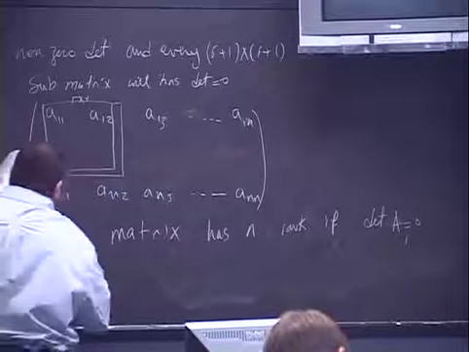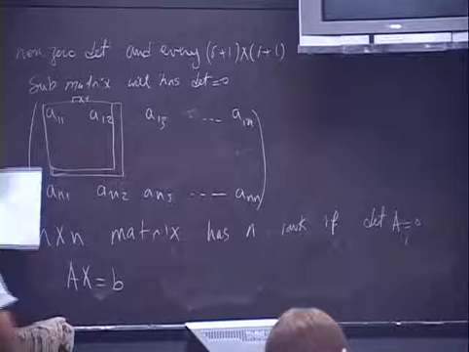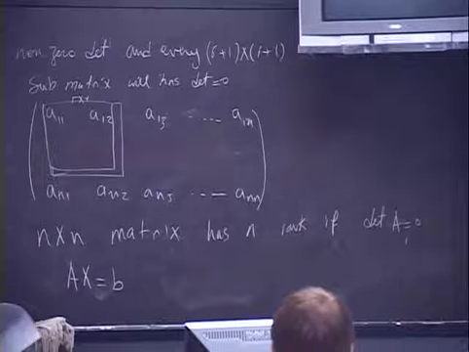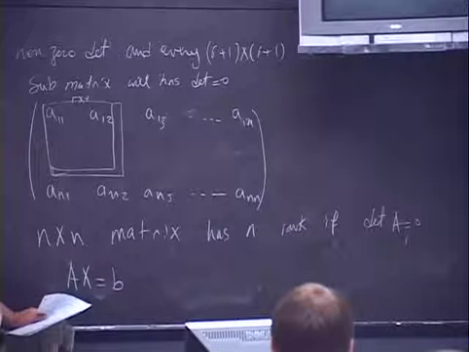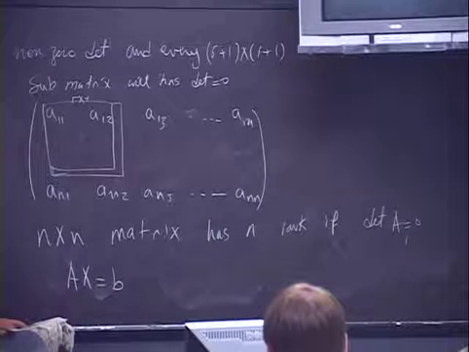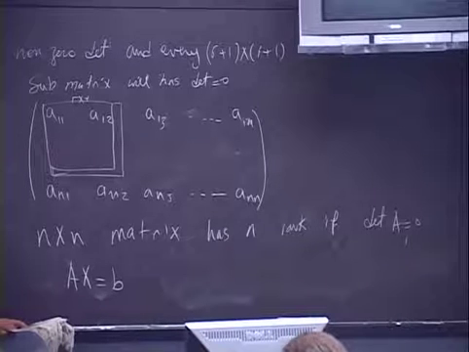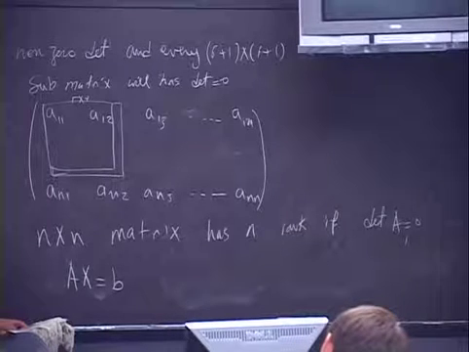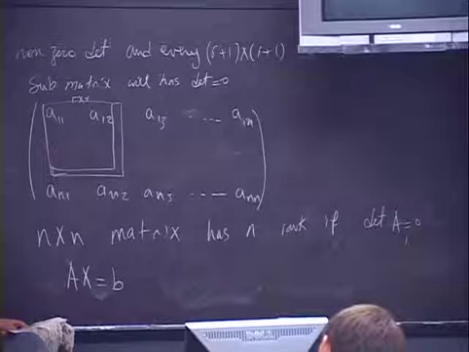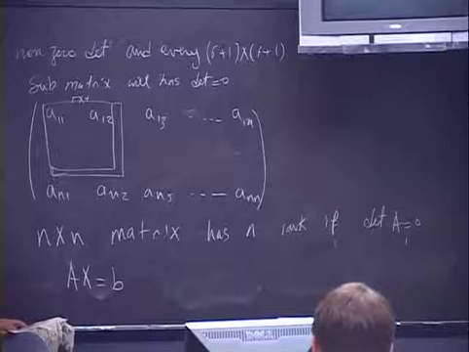So, if we have AX equal to B, we stated at the very early beginning that if the rank of A is equal to the rank of the augmented A, there is a solution. Yes? And if the rank of A equals the rank of augmented A equals n, in this case, if it is n by n, you will have a unique solution.